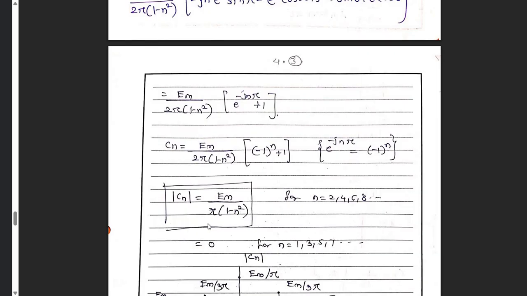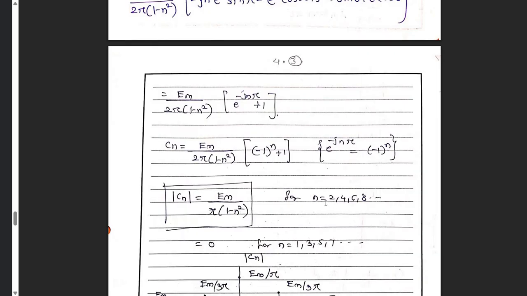So you can write this expression, its magnitude for all values of n. If it is an odd value, that is when n is equal to 1, n is equal to 3, at that time this minus 1 sign will get minus, so minus 1 plus 1, this whole term will become 0.